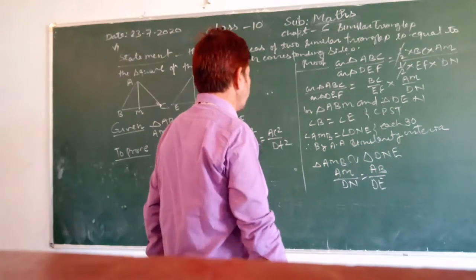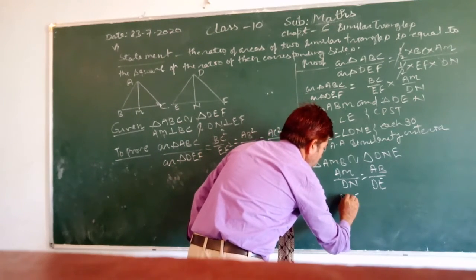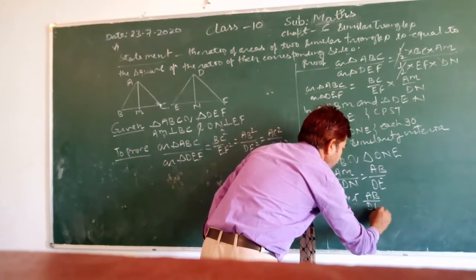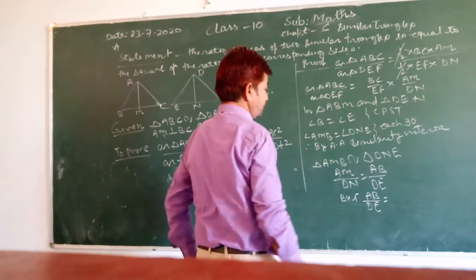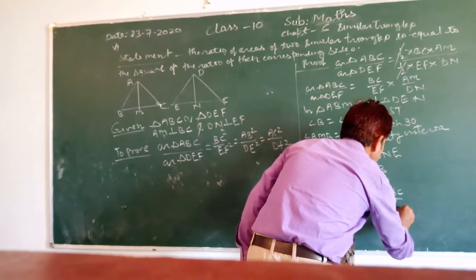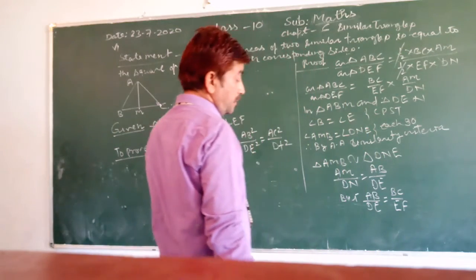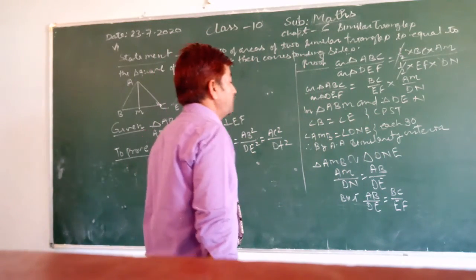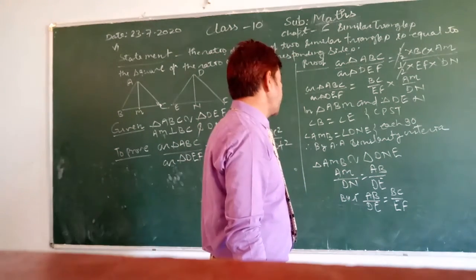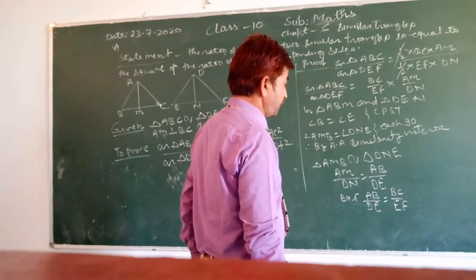But in two similar triangles, AB upon DE is equal to BC upon EF.